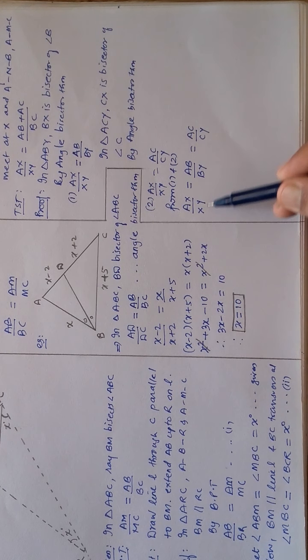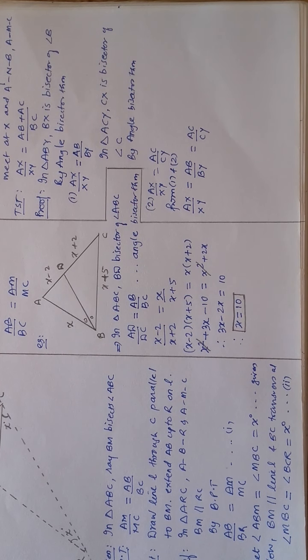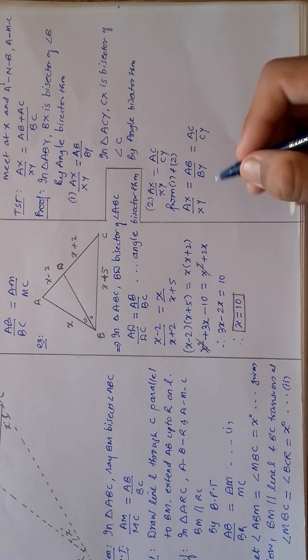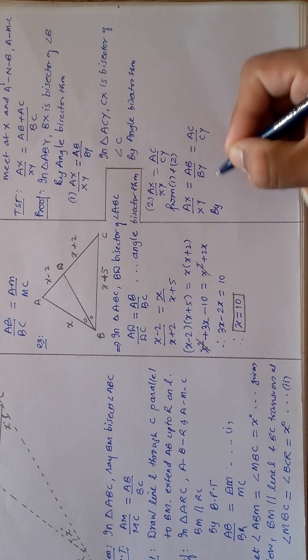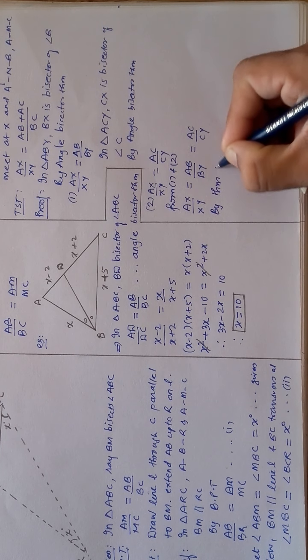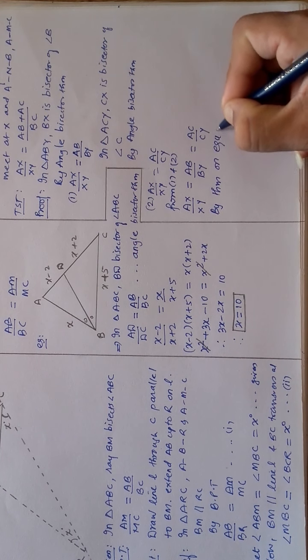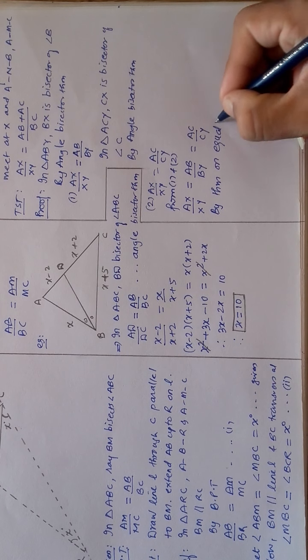If you see, these ratios are equal, and the theorem of equal ratios says that you add any, you subtract any, you multiply any ratio by a non-zero scalar and then add, still the ratio remains the same. So I am applying here the theorem on equal ratios.